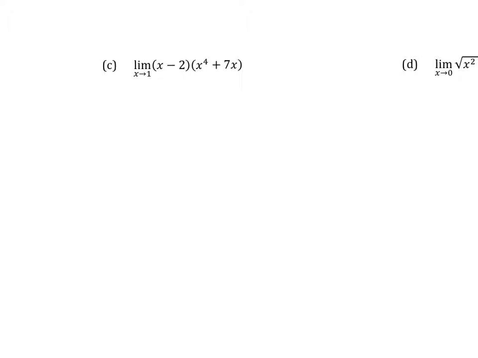Part C, that's a polynomial. If I multiply it out, I'll get a polynomial. So again, all I'm going to do is plug in 1 for x and get 1 minus 2 times 1 plus 7. So we have -1 times 8, which gives us a -8.